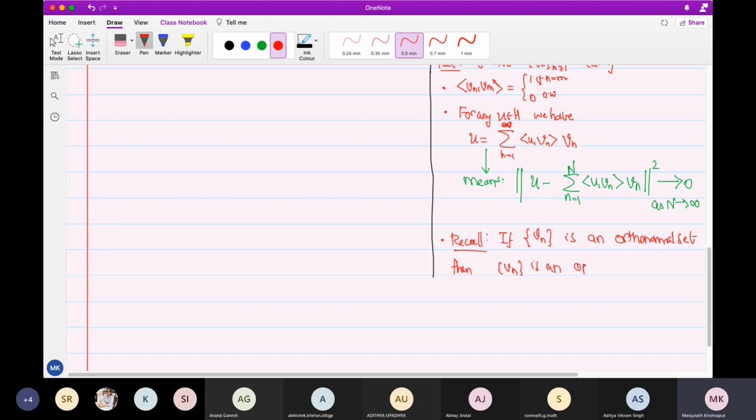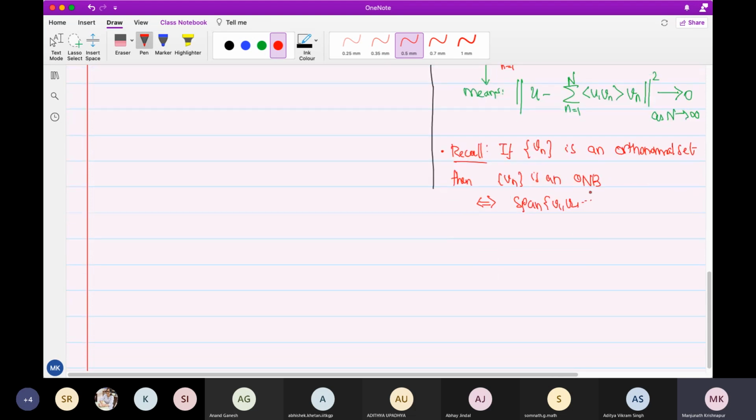Vn is an orthonormal basis is the same as saying that if you take the span of V1, V2, etc., where span is all finite linear combinations of these, and then take the closure in the Hilbert space, that gives you the whole of H.